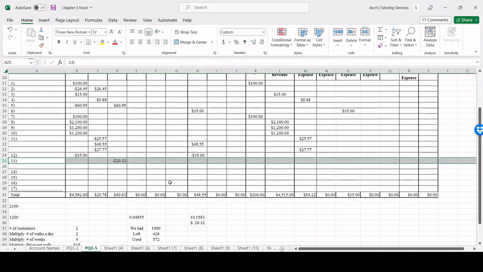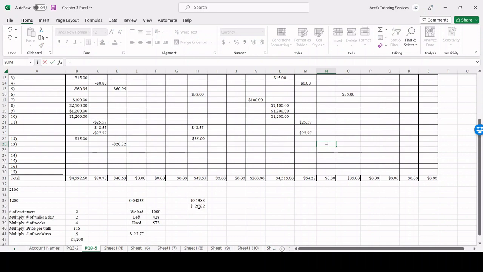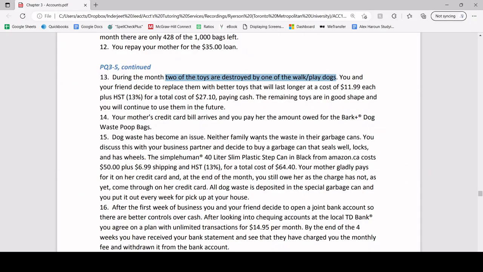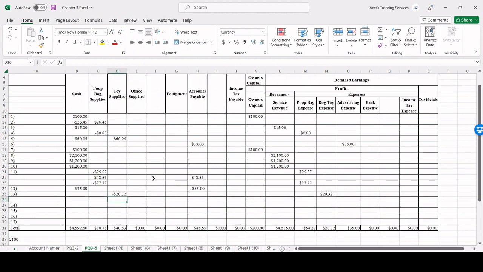And remember, since we used up these toys or they got destroyed, that gives rise to an expense. So we're going to increase dog toy expense by that same amount. And now they're saying that we bought additional toys for 27.10 paying cash. So now our toy supplies is going to increase by 27.10. And since we pay cash, it's going to be reduced by 27.10.